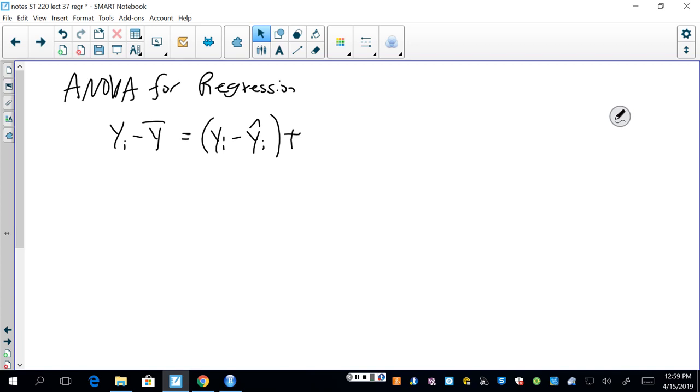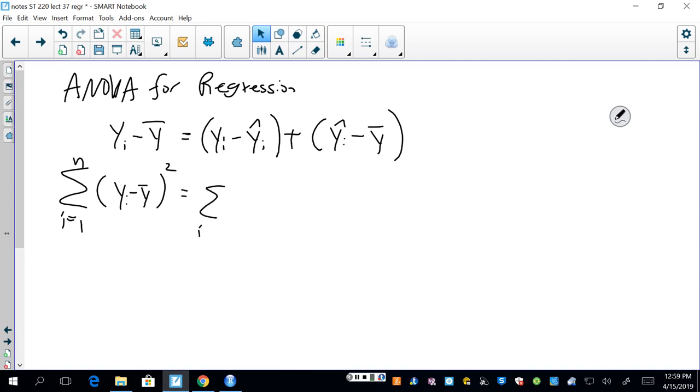That's the residual we're trying to make small. That goes into our sum of squared errors. And if you put y hat here, it's this other part. It turns out that if you square these and then add it up over all the cases, you get this first part. And you get this second part.